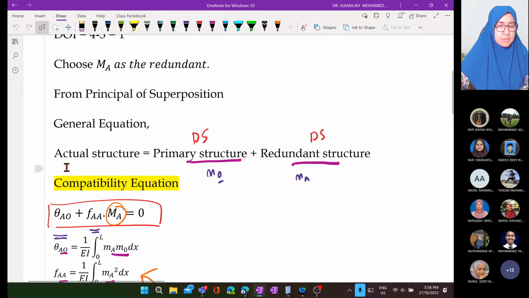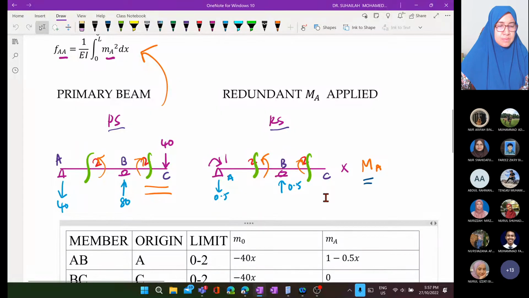So by using the principle of superposition, we just need to add the primary structure plus the redundant structure to get the reaction in the actual structure. But don't forget, in the redundant structure, everything must be times the redundant. So refer back to this diagram. We have AY in the primary structure and AY in the redundant structure.